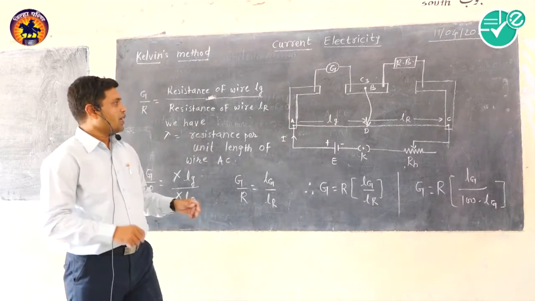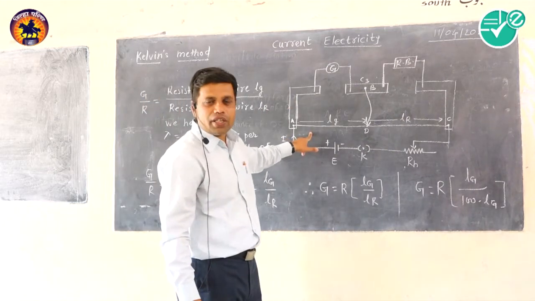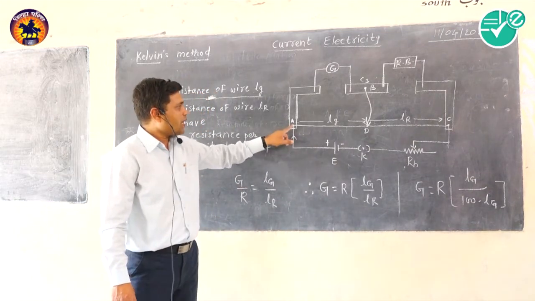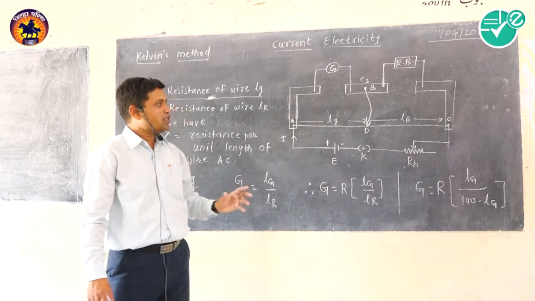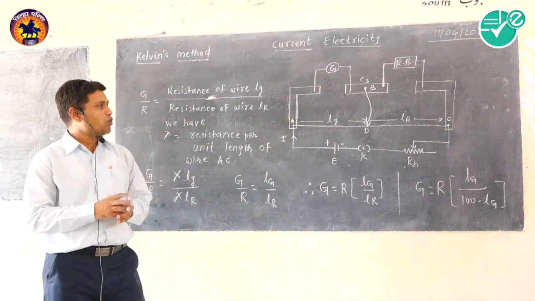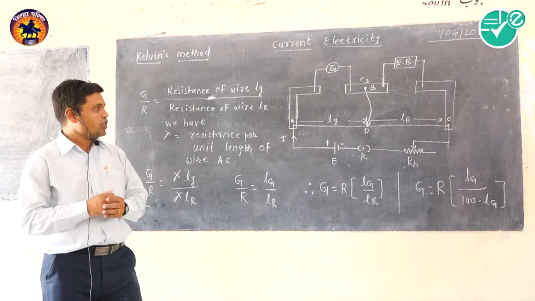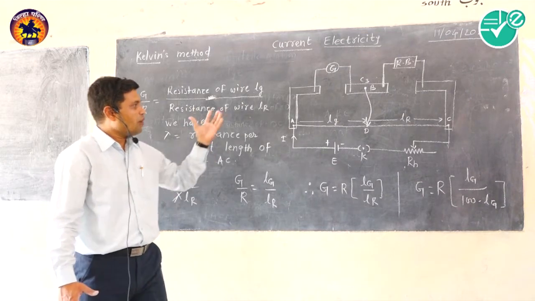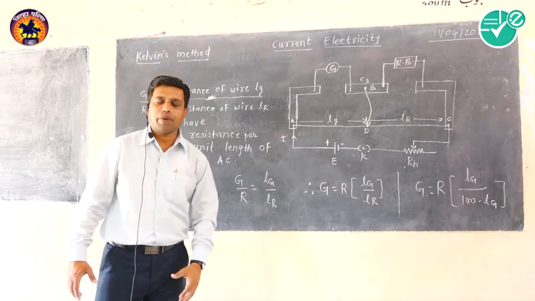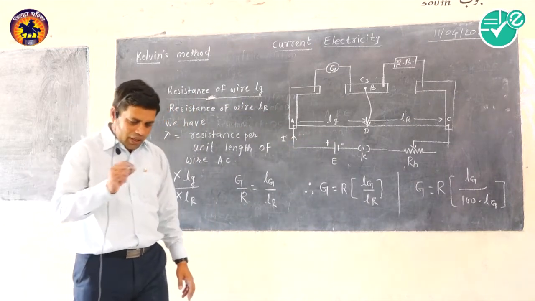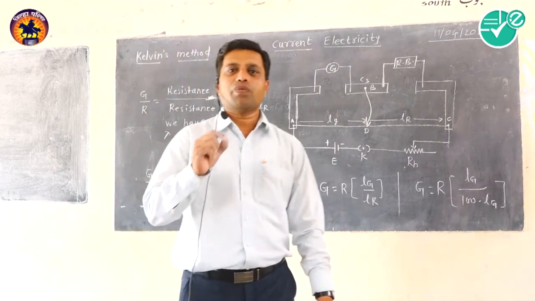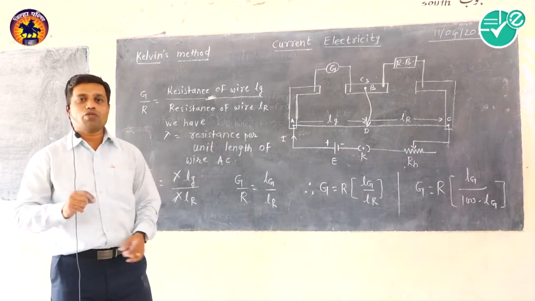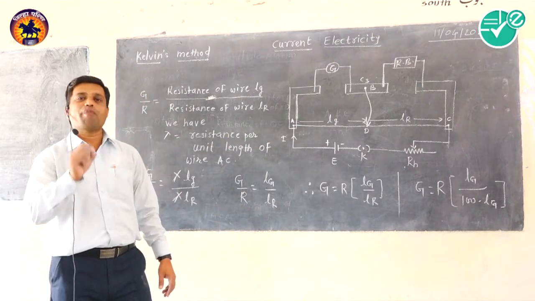You have to take care that the wire should be of uniform thickness, and you also have to remove the contact resistances. After 2 or 3 readings, if you interchange the positions of G and RB, it will be much better for your result. So, this much precaution you have to take while doing the experiment, and don't forget that the reading of the galvanometer without touching the jockey to the wire AC should be between 10 to 20 divisions for a better result.